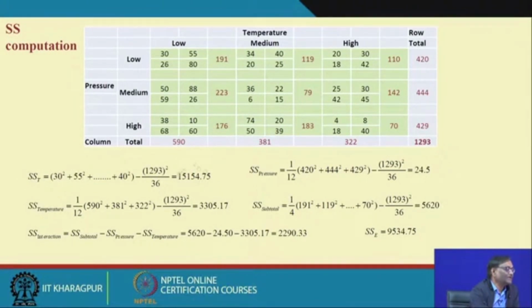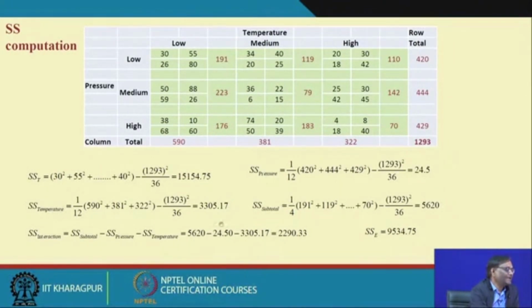This gives you the SST value. For SS pressure we have the 3 row totals, 420 square, 444 square, 429 square, divided by bn, where n is 4 and b equal to 3, so 12, minus the correction factor. It gives you 24.5.